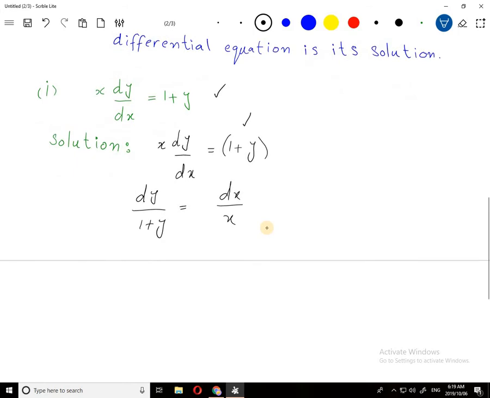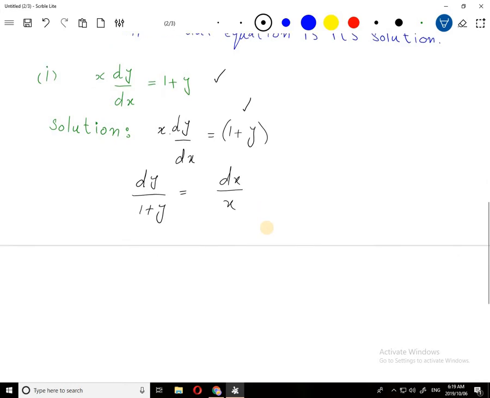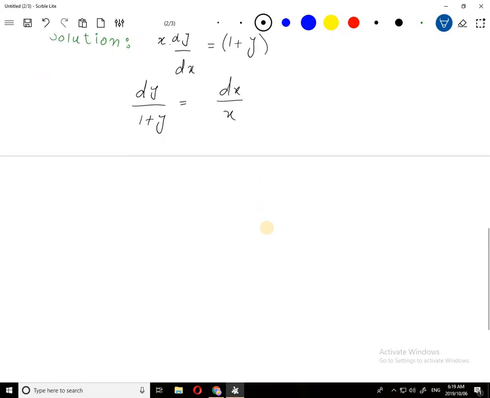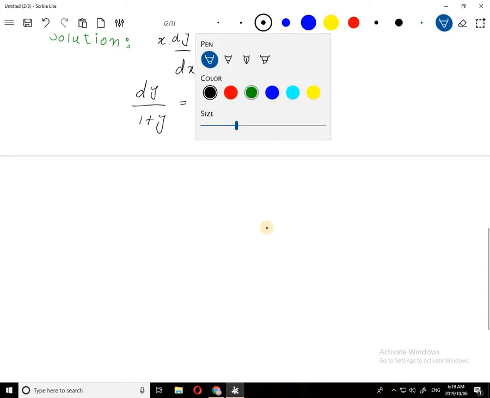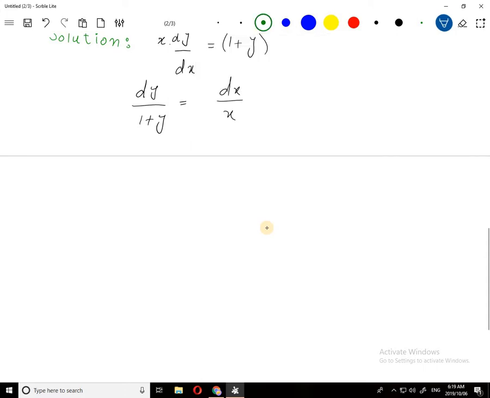This is dividing here, it will multiply on the other side, and this x is multiplying to this one, and it will be dividing on the other side. Now I can take the integral of these equations, integrating both sides. You can write it as integrating both sides like this.